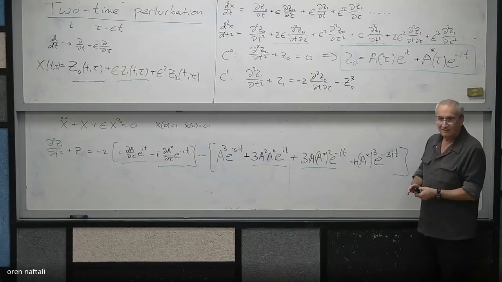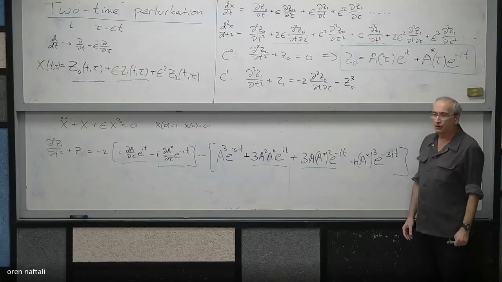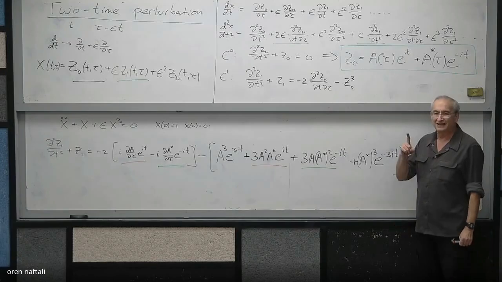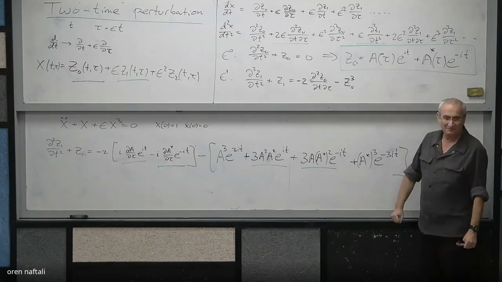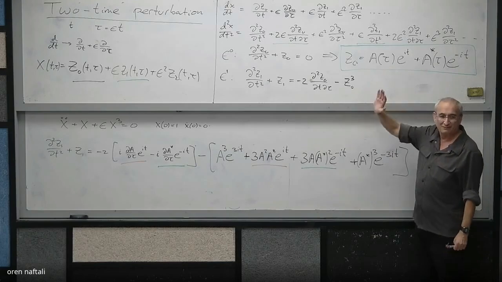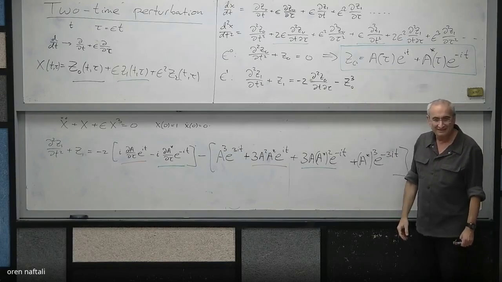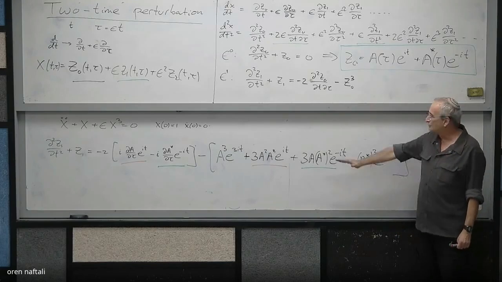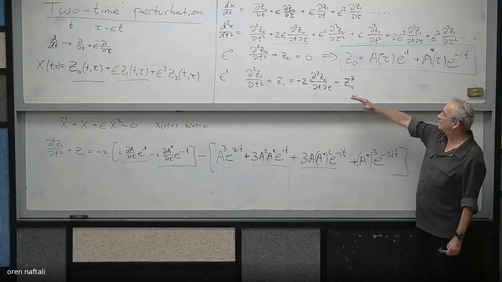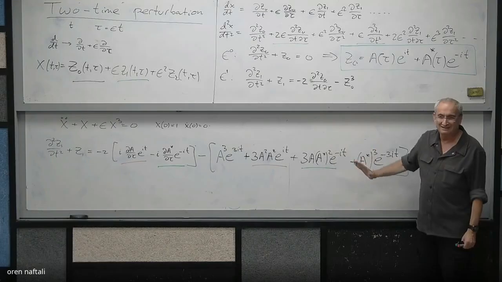So I have to make sure that all the dangerous terms sum up to 0. And this is a constraint on A of tau. So I'm using this constraint to determine A of tau, and this will give me the answer. We are not going to solve this ugly thing. All we are going to make sure is that we have no resonance. This is the condition.